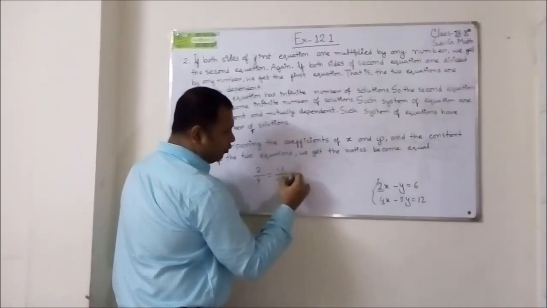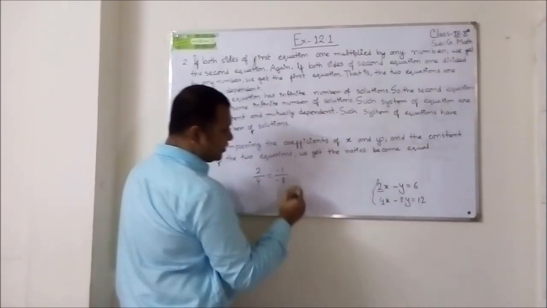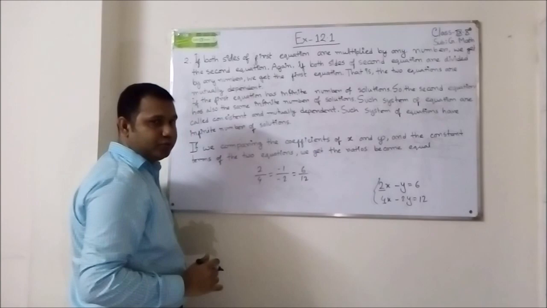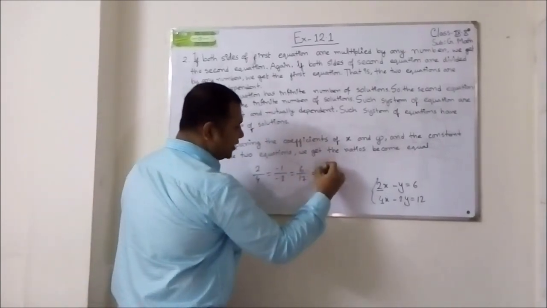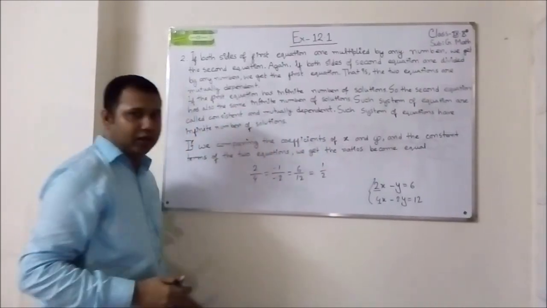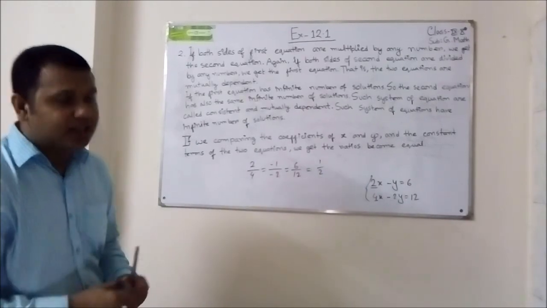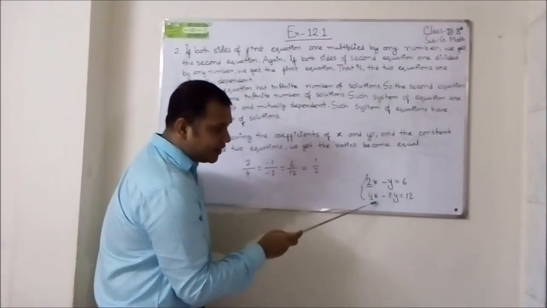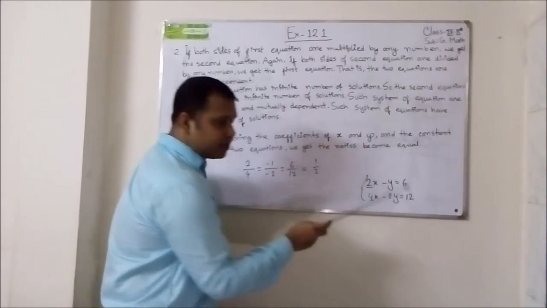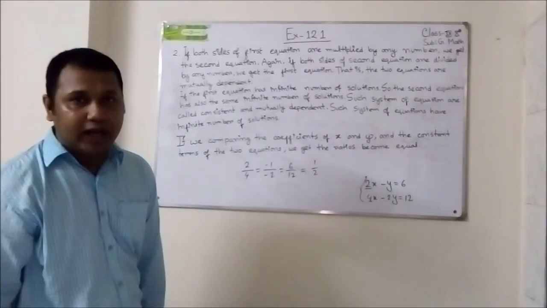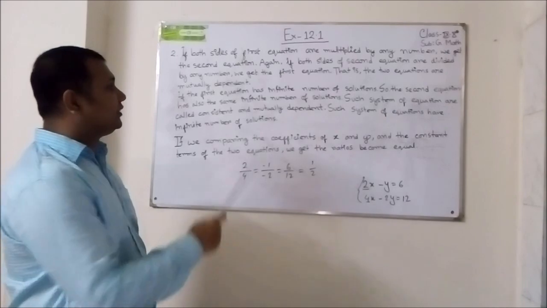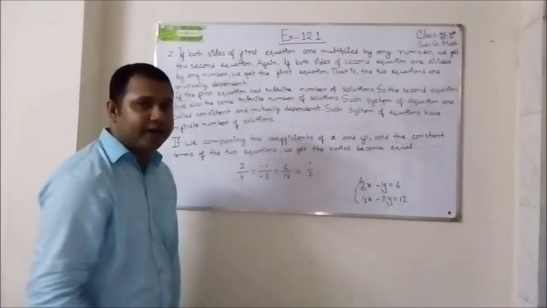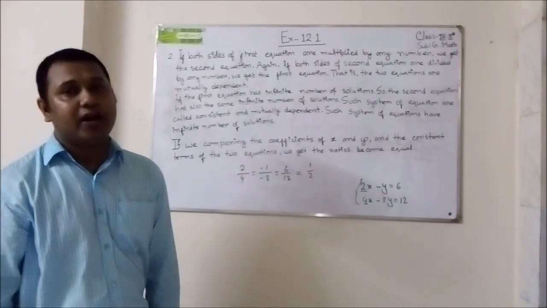Similarly, the ratio of the constant terms is 6 by 12, that is also 1 by 2. So if the ratios of the coefficients of x, y and the constant terms are equal, the system of equations is consistent, mutually dependent and has infinitely many solutions.